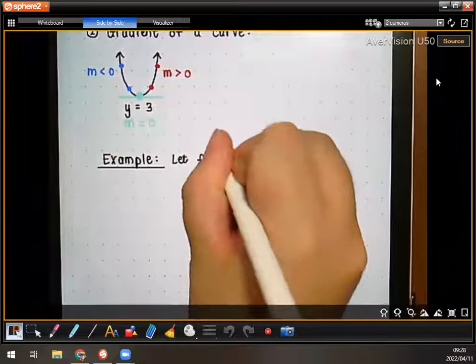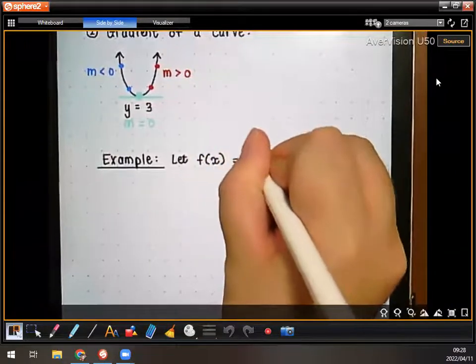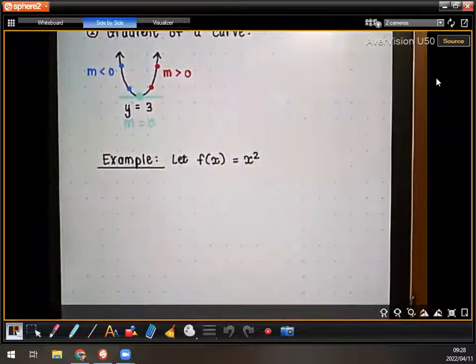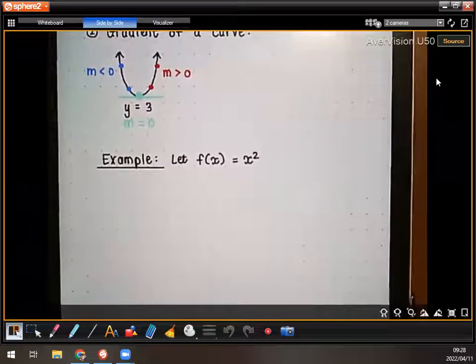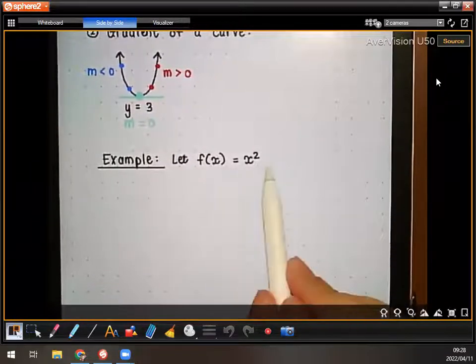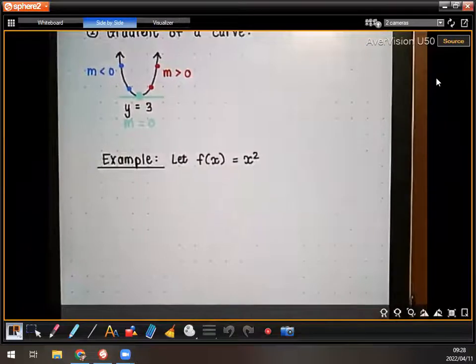Let f of x be equal to x squared. We worked with functions as the second topic of this year. So this is basically just saying y is equal to x squared.